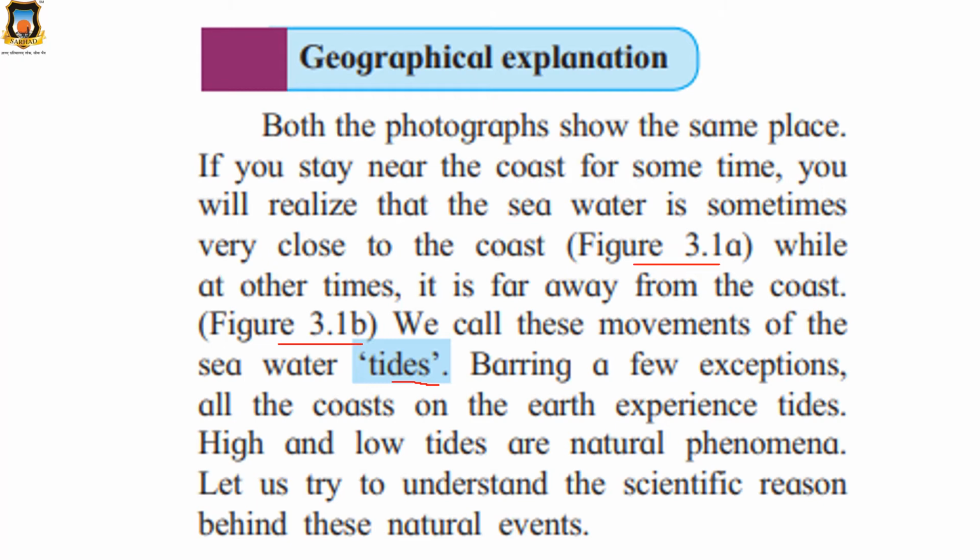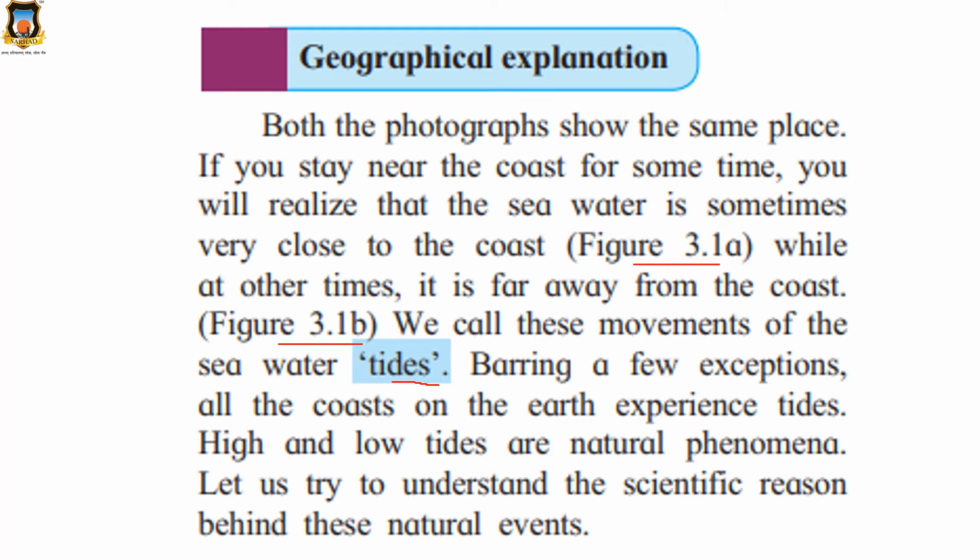What are these called? Tides. Sometimes the water is more and it is still near the coast. Sometimes the water is decreased and it is very far away from the coast. So this movement of water is called tides.